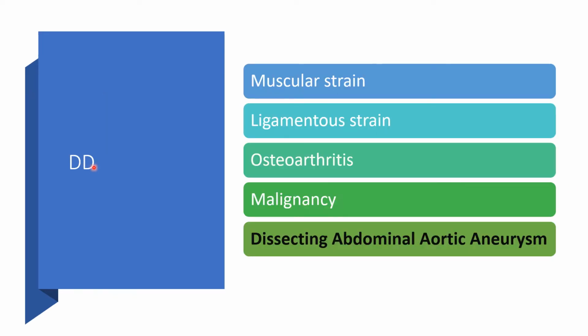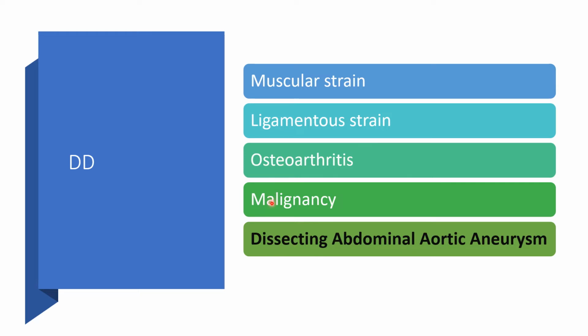Now, differential diagnosis. So what could this lower back pain be? Might be muscular strain, might be ligamentous strain. These two will not give us so much headache. Might be osteoarthritis. In fact, it could be rheumatoid arthritis.